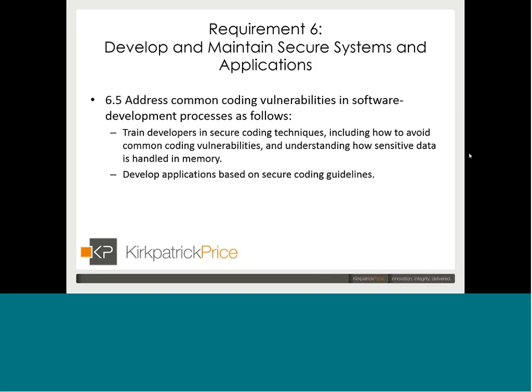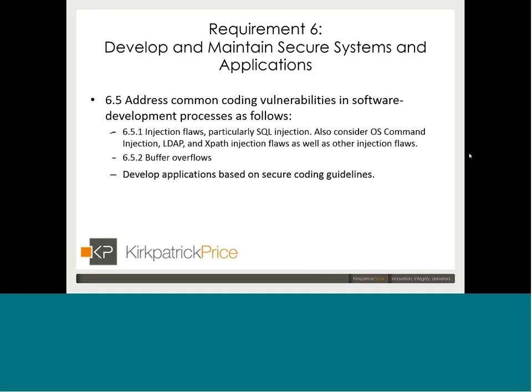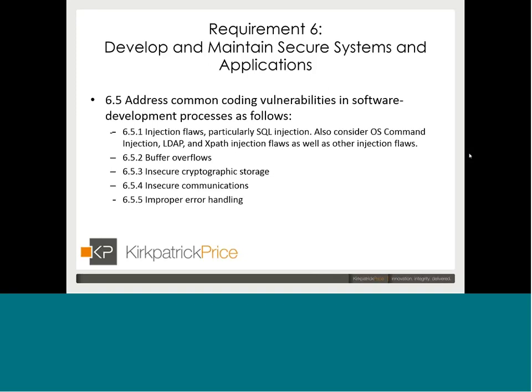All right. Now, requirement 6.5 also addresses investigating injection flaws, buffer overflows, insecure cryptographic storage, insecure communications, and improper error handling. Steve, are there any other coding vulnerabilities that need to be addressed?